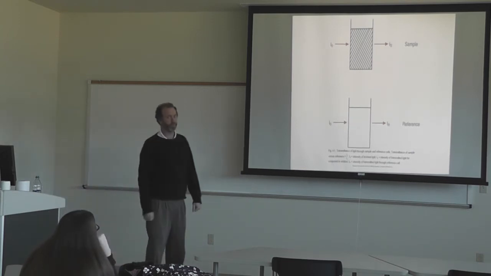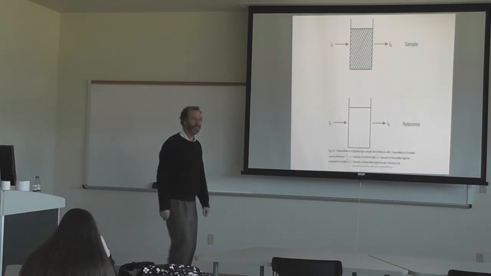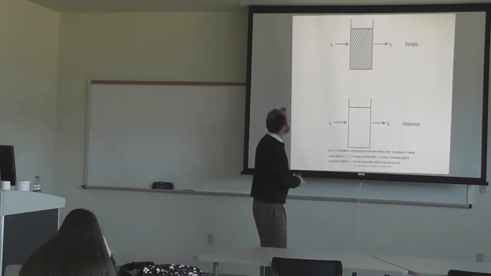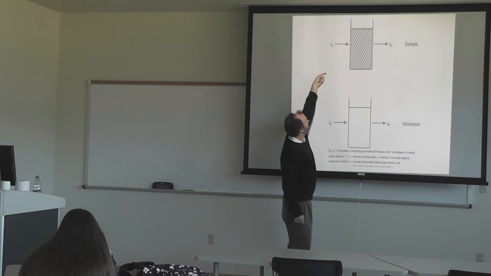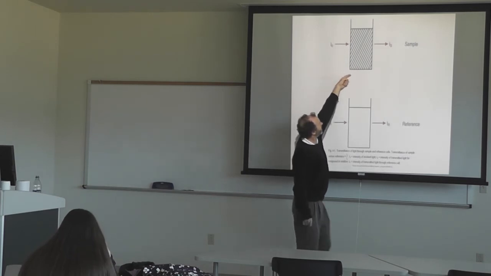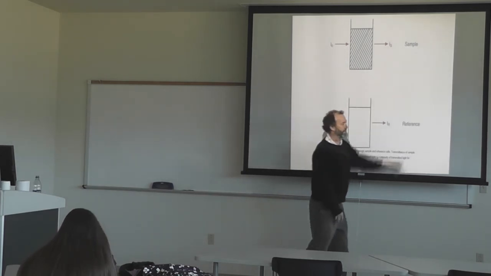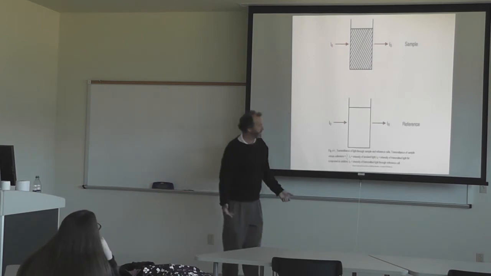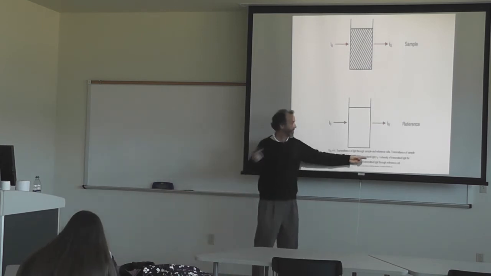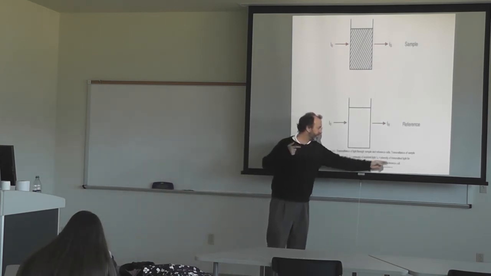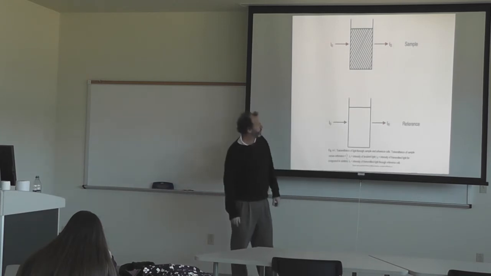This figure's not in your book, but it's in one of the other books. So you have I0 going into the light, and then Is is the intensity of light that comes out of the sample, that's transmitted after going through the solution.